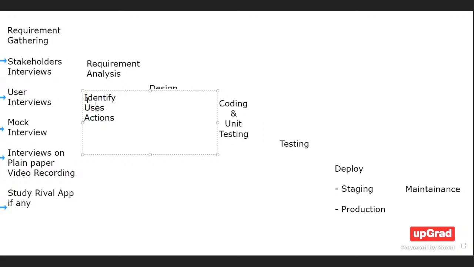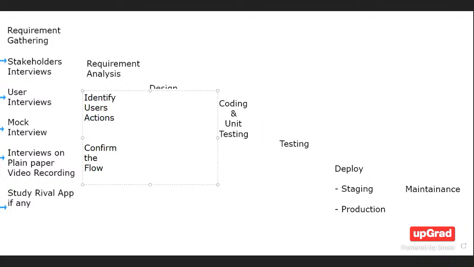Then after all this, you also try to get approval for something called a flow. So you do something called flow diagram approval. Identify and confirm the flow over here.